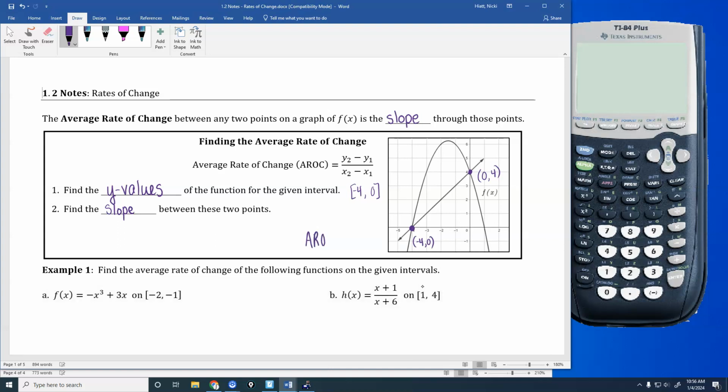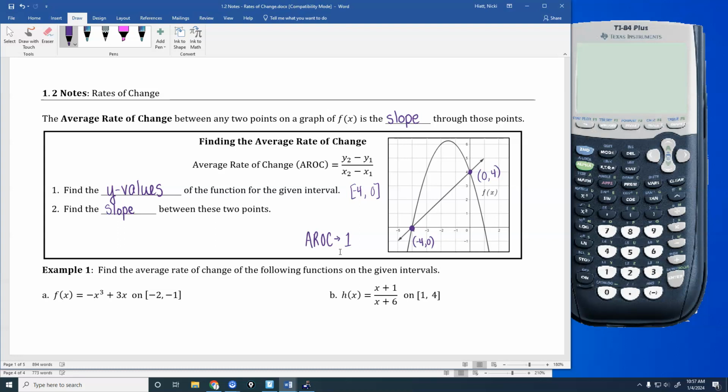I do not mind if you do this on your homework. He does this here. He calls average rate of change AROC, A-R-O-C. I do not mind if you do that on your homework, but you need to know that that stands for average rate of change. On the AP exam, do not abbreviate that.